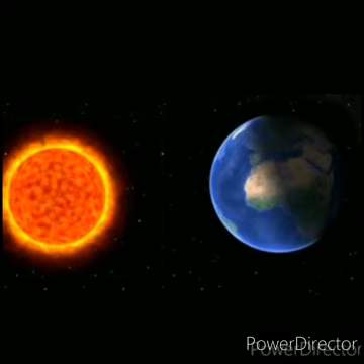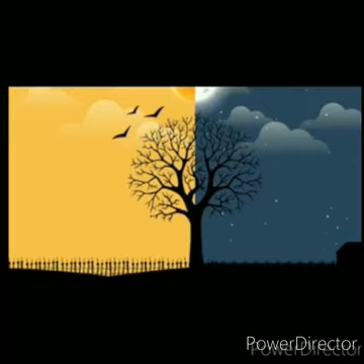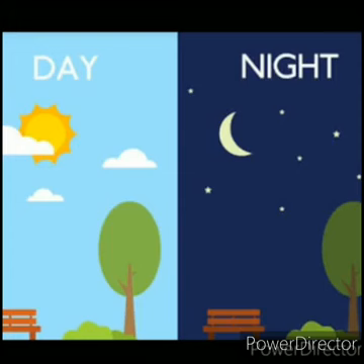During this time, the Earth rotates on its axis, and that results in the occurrence of day and night. You have already learned in your lower primary classes that day and night occurs due to this rotation of Earth on its axis.